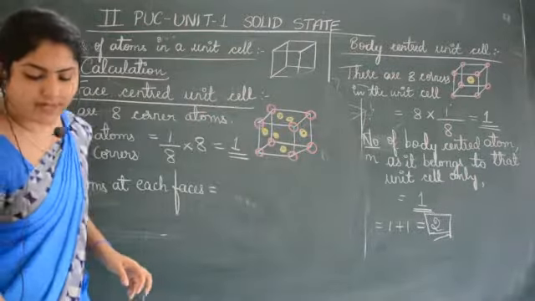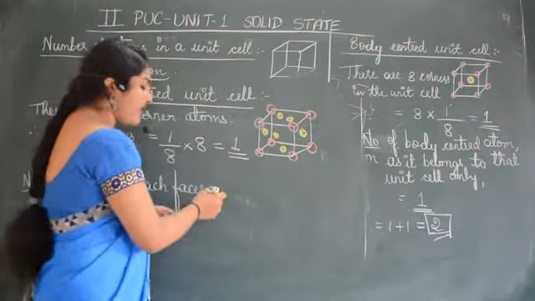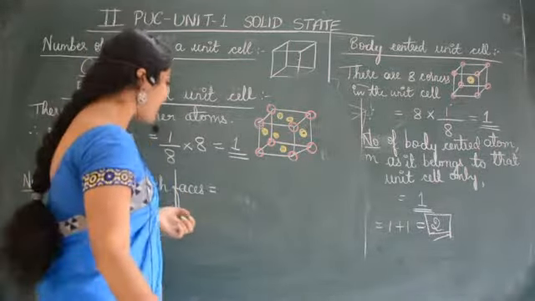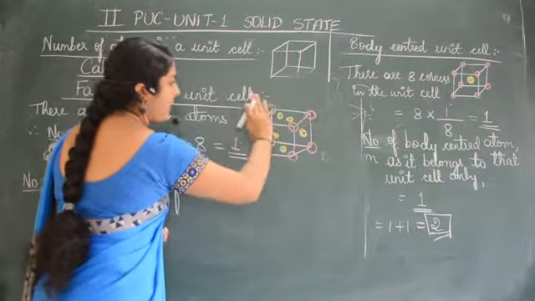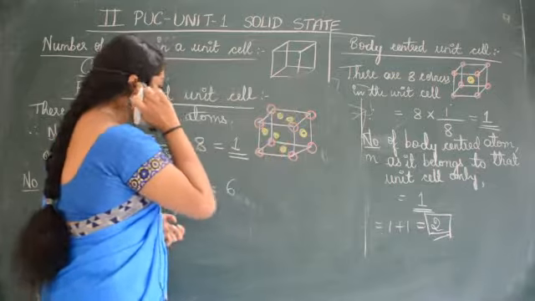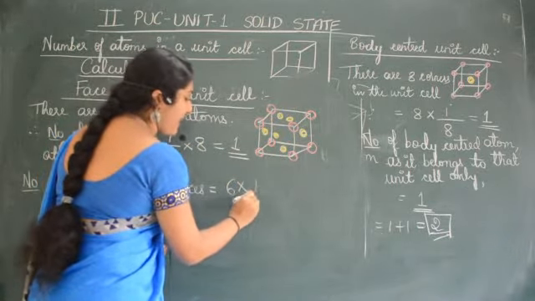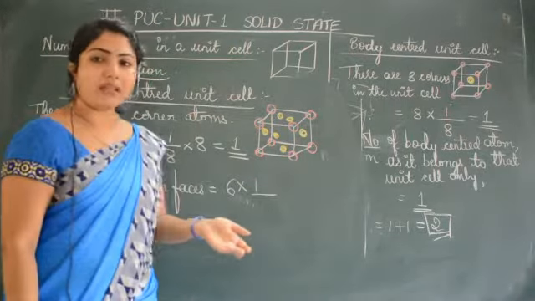So we have to say at each face. How many faces do we have? A cube has 6 faces: 1, 2, 3, 4, 5, 6. And how many atoms does it have? Each face has 1 atom. And then 1 atom is shared by how many other unit cells?